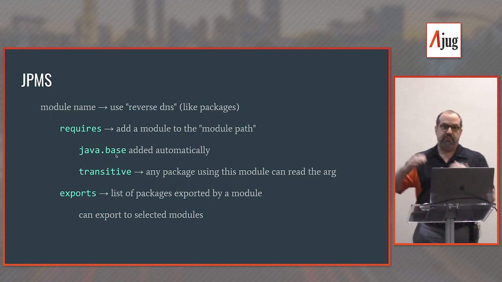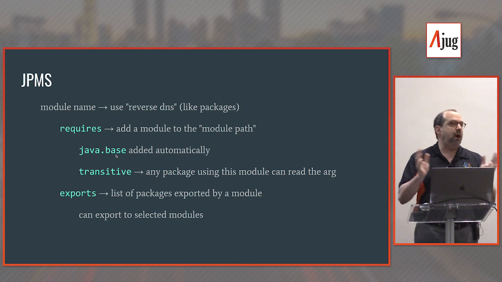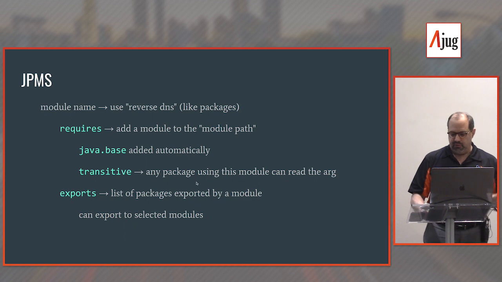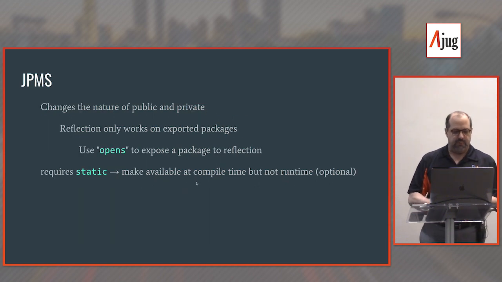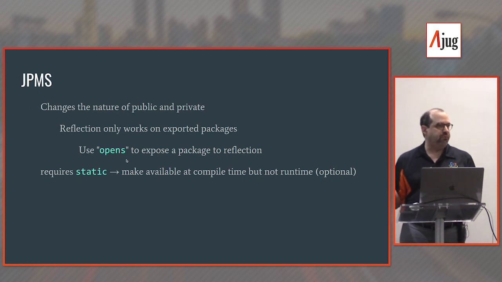Now, the JVM has been modularized, and there is a default module, just like there was a default package. java.lang was always available to us. Well, for modules, java.base is always available to us as a module. There's a bunch of other keywords. Again, I don't want to take too much time to talk about this. Opens instead of requires opens something for reflection.